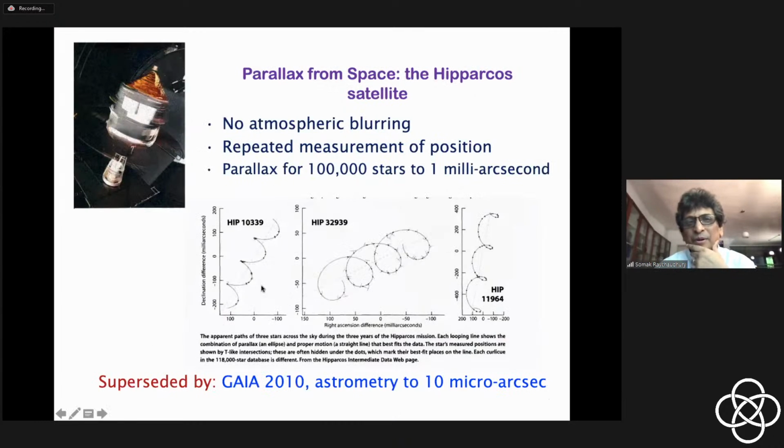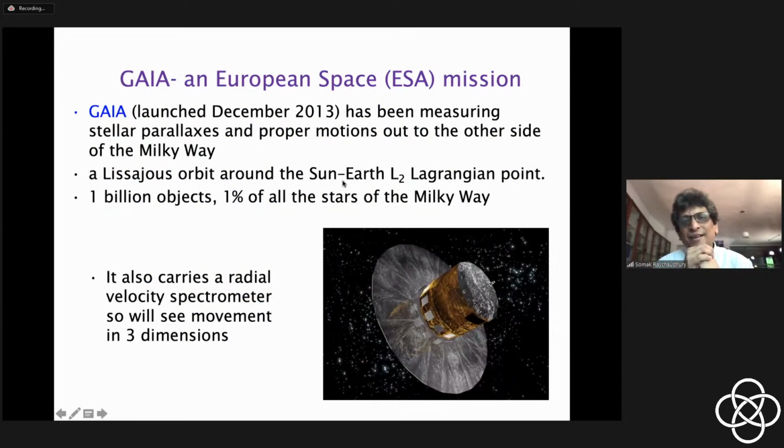Talking of 10 to the power 5 stars here, this is doing 10 to the power 9 stars, because it goes to much more accuracy than Hipparcos. It is measuring distances to 1% of all the stars in the Milky Way, right?